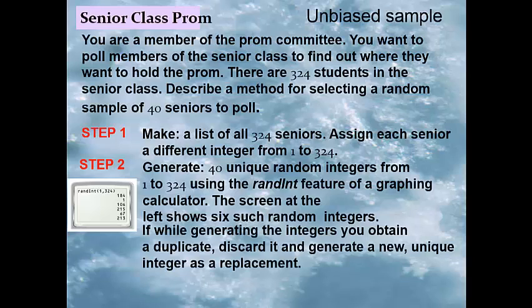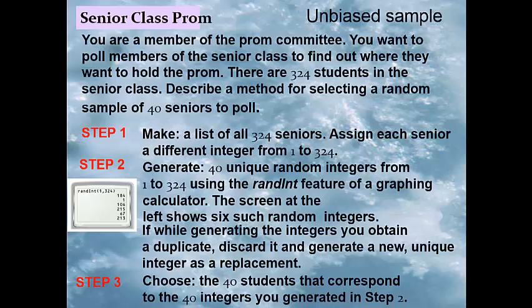If while generating the integers you obtain a duplicate, discard it and generate a new unique integer as a replacement. Step 3: choose the 40 students that correspond to the 40 integers you generated in step 2. So please copy these steps down in your notebook.